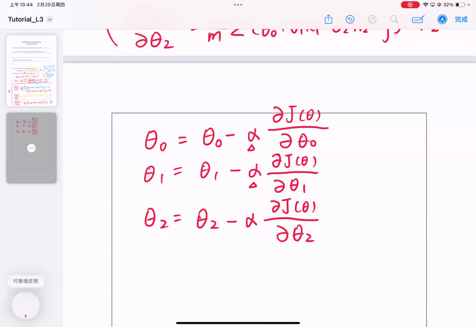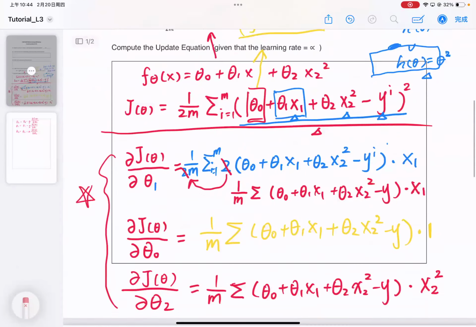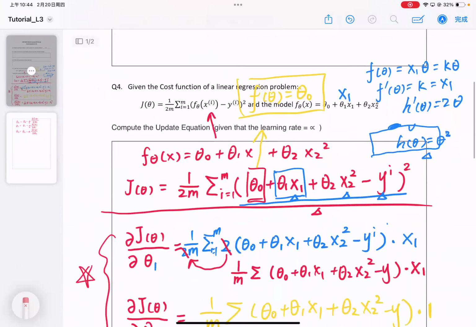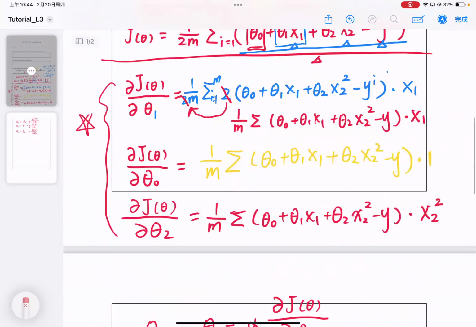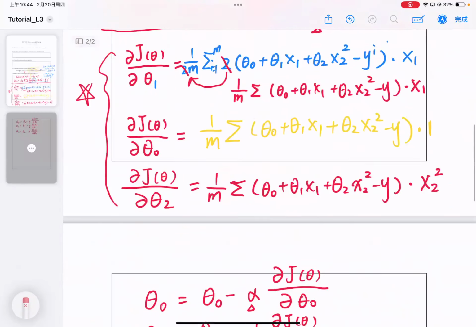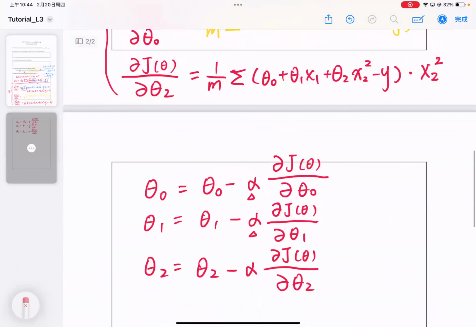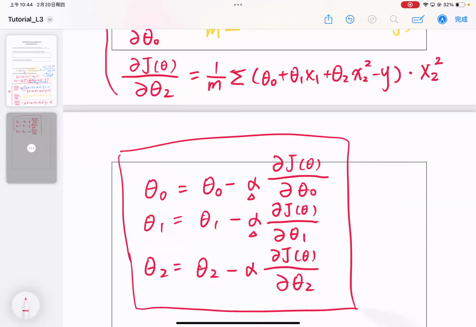Okay, so this is the update equation for each parameter according to the learning rate and the gradient.